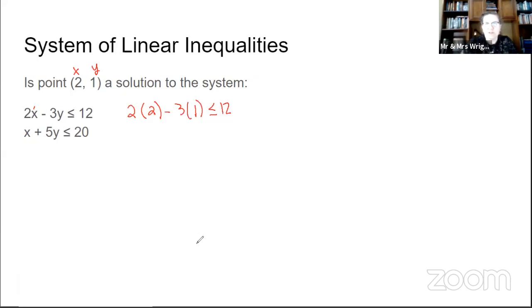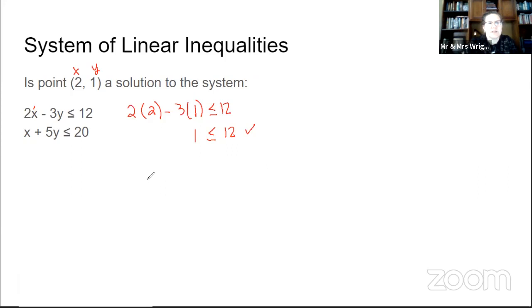And I'm going to hit enter. And what I get in this case is going to be 1. So 1 is less than or equal to 12. Is this a true statement or is it a false statement? Well, 1 is not equal to 12, but 1 is less than 12. So far, so good. This is a true statement.